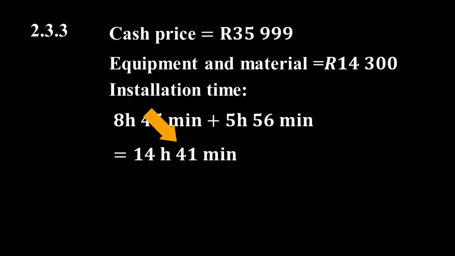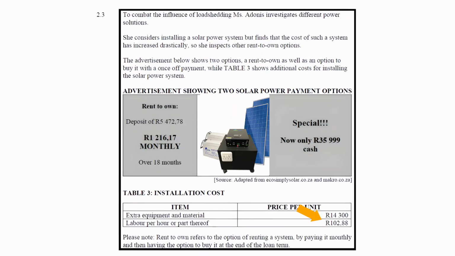In this case, we have a time that extends 41 minutes into the next hour, so we have to round this time up to the next hour. When we do that, we have a total time of 15 hours. Now, to calculate the total cost of the labor, we multiply the cost per hour by the total hours of 15.